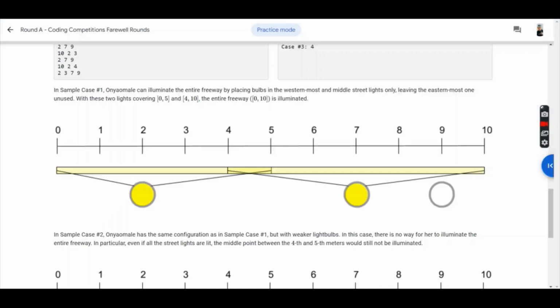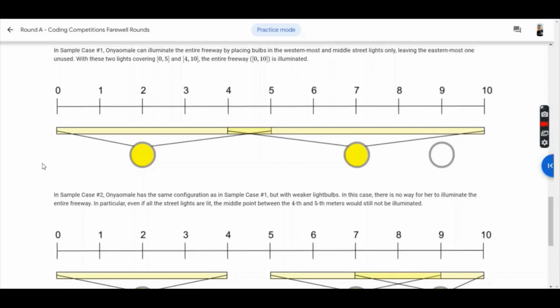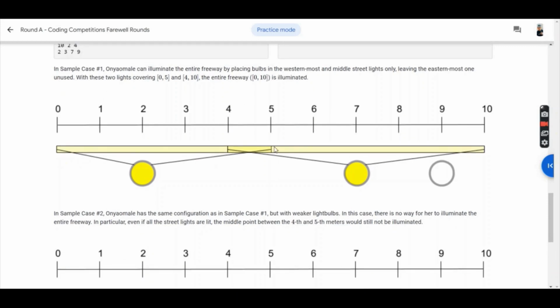In this example, suppose the current is 5, so you need only one bulb to light up the space between 0 and 5. So your current will be 5 here.